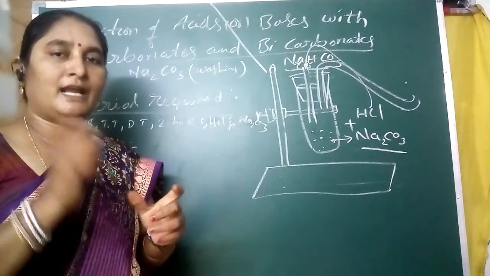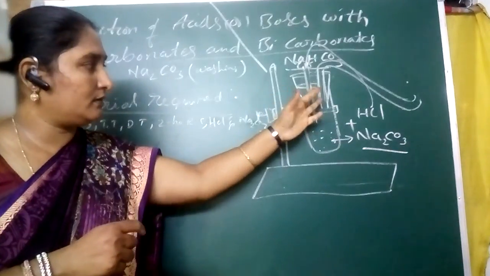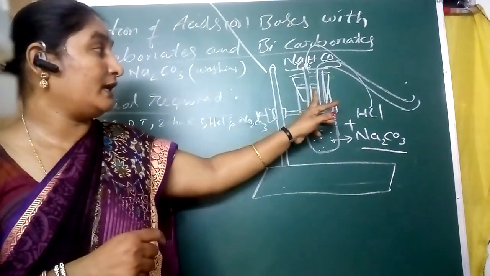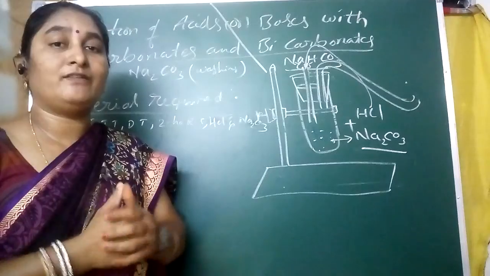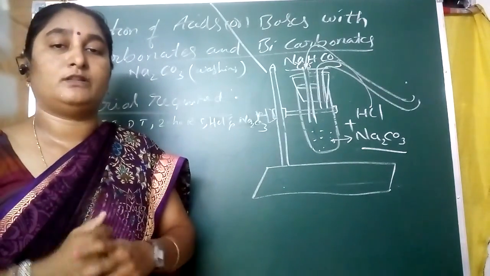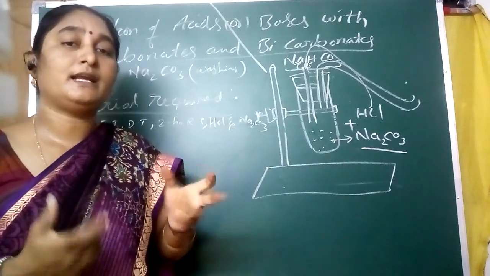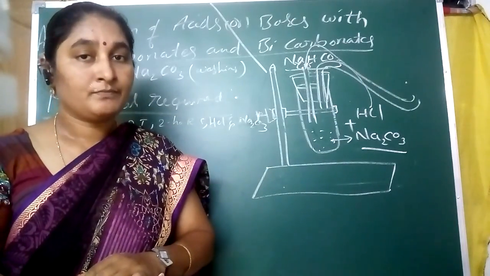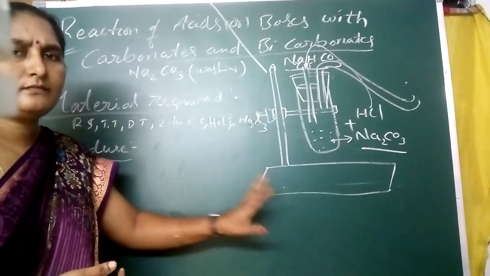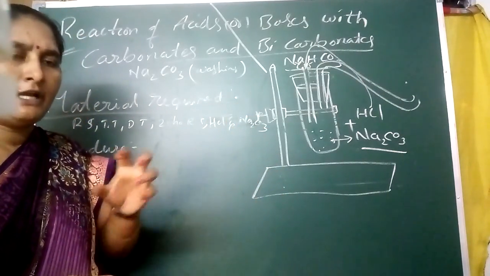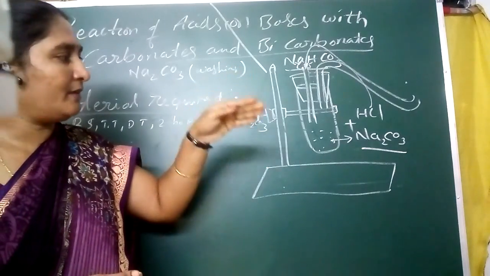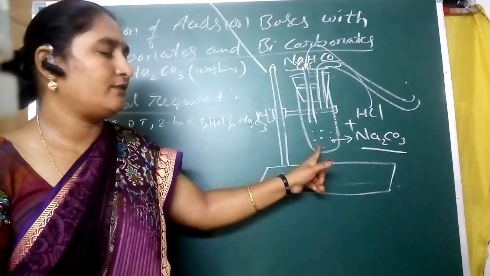Then through the other hole of the two-holed rubber stopper I introduced a delivery tube, with one end in the test tube and the other end left out to deliver the gas which is evolved inside the test tube. This is how you write the method. Now take Na2CO3 in the test tube and add some HCl drops through the thistle funnel.